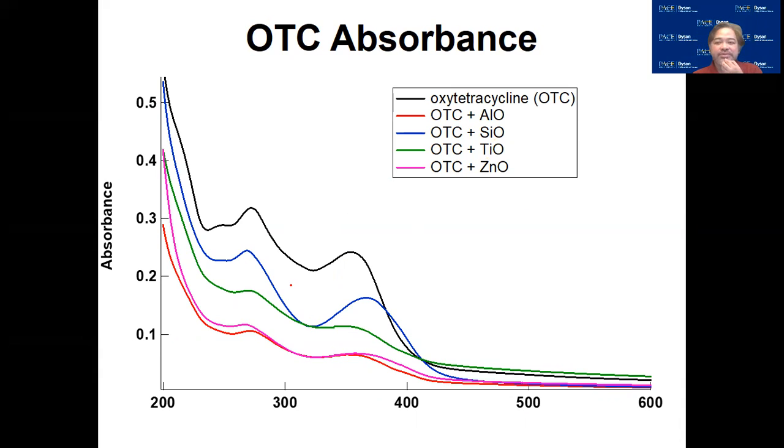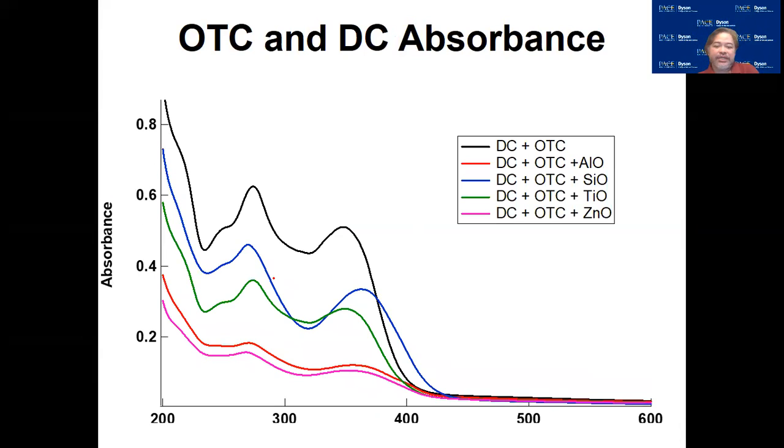So that means something is happening between the nanomaterials and the antibiotics that we mix. And to make sure, we mix both antibiotics and then mix them with the nanomaterials. Based on the results, this is just some sort of an additive effect, so it's not surprising how it was affected.